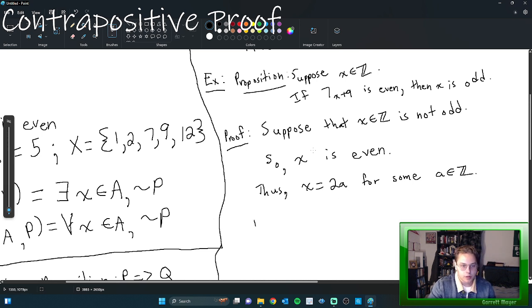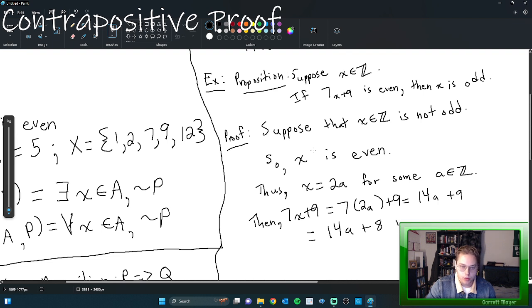This means that 7x plus 9 equals 7 times 2a plus 9, which is the same as 14a plus 9. And then we can keep going, and simplifying this further, is 14a plus 8 plus 1.